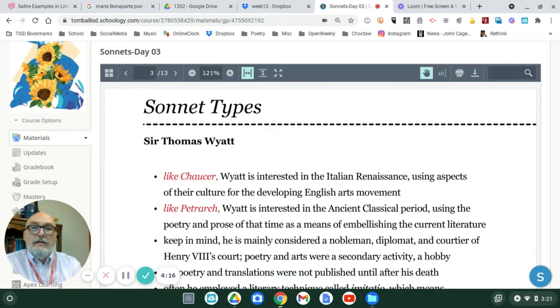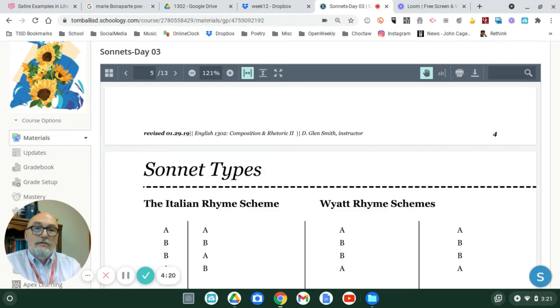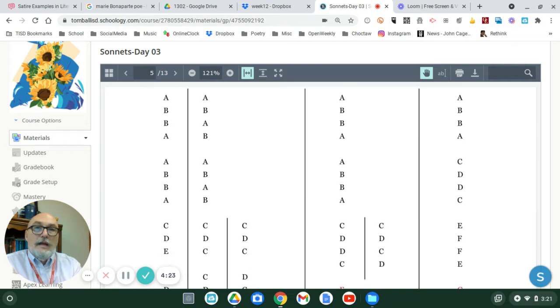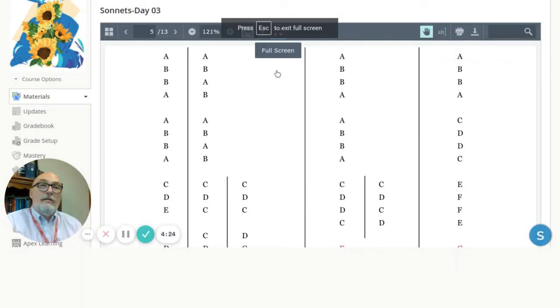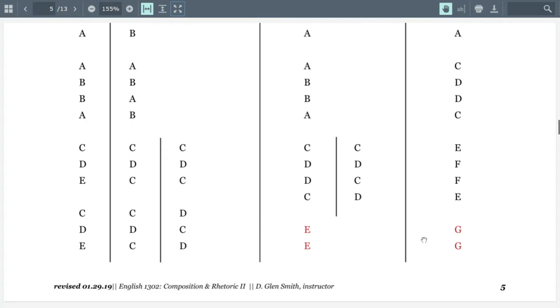And what I've done on page 4 is set up the formula for you of the rhyme schemes. Over here are the Italian versions. Over here are the English versions. And if I scroll down just a little bit more, you'll notice, again, the English have the rhyming couplets.